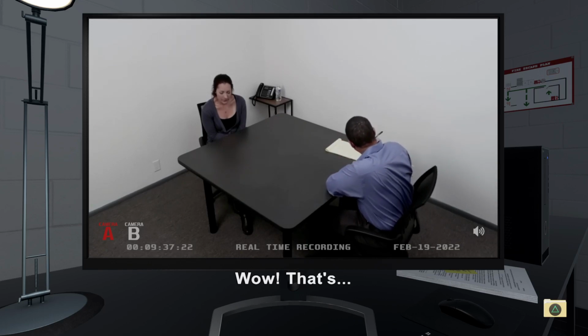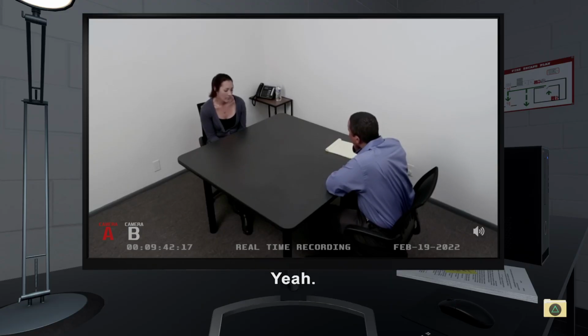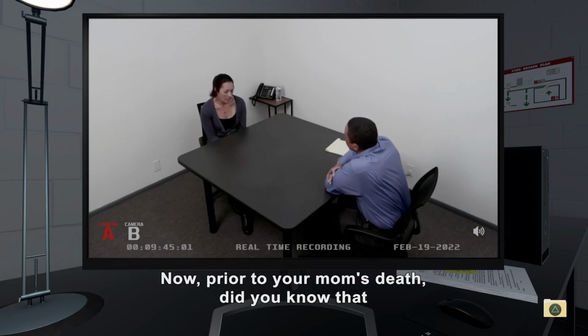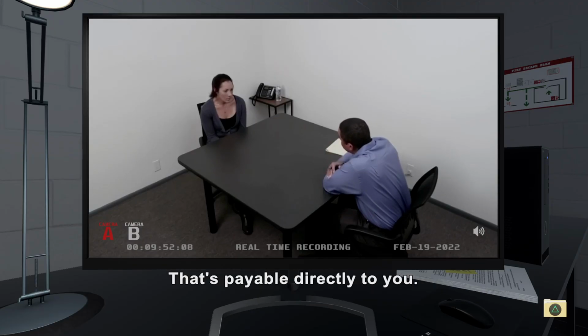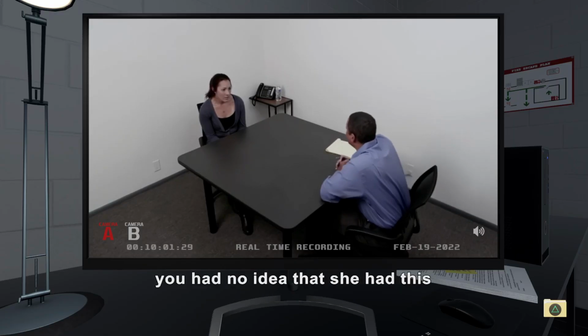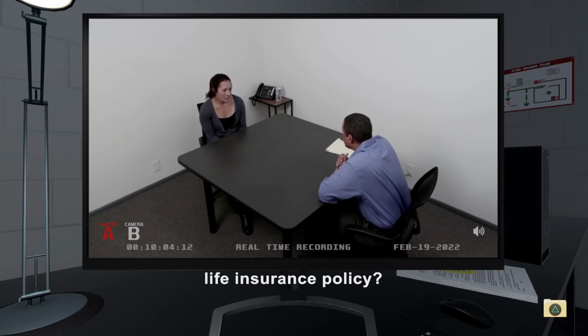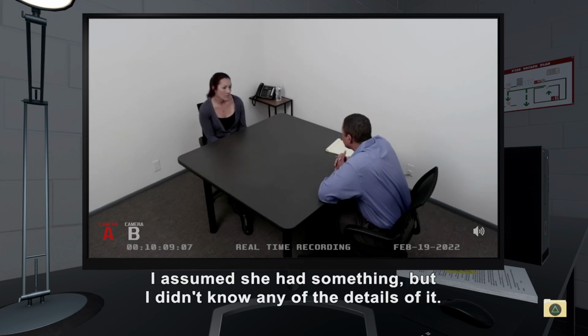That's a pretty significant amount of money. Now, prior to your mom's death, did you know that she had a life insurance policy for $250,000 that's payable directly to you, her only child? I did. I didn't know about it until she got ill. So prior to all this, you had no idea? I mean, I assumed she had something. But I didn't know any of the details of it, the amount, nothing.